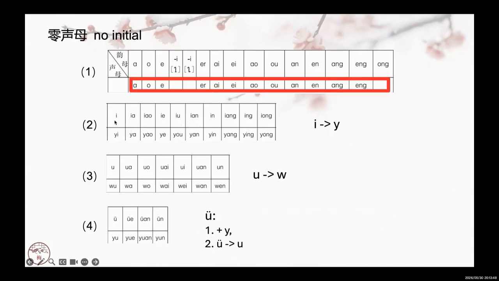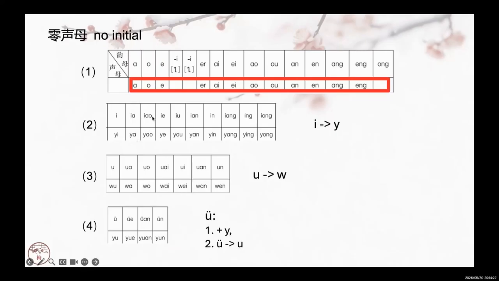So in all the combinations of vowels including I, first we change I to letter Y. Actually here Y is a fake initial. It's a fake initial. And then we attach whatever is there in the final part. For example, ER. To form a syllable, we change I to Y and we put whatever there.